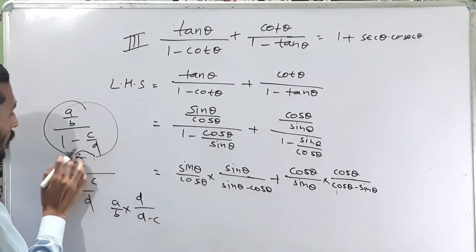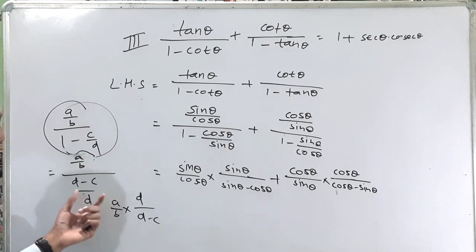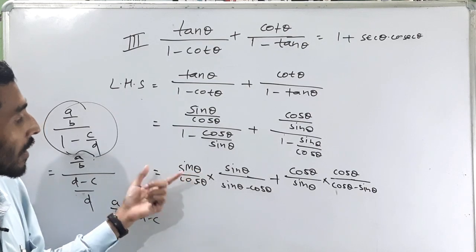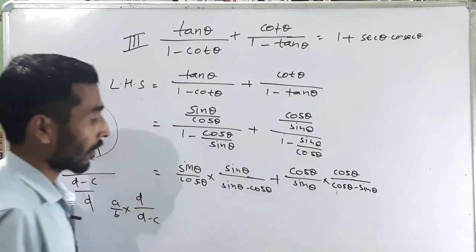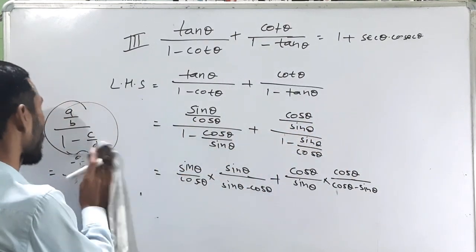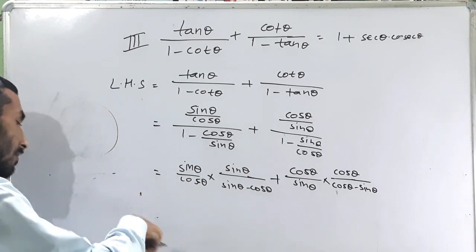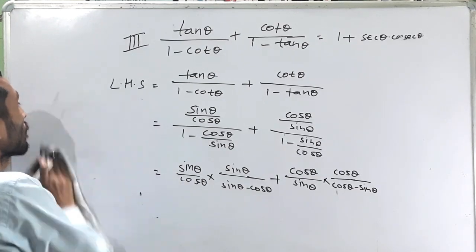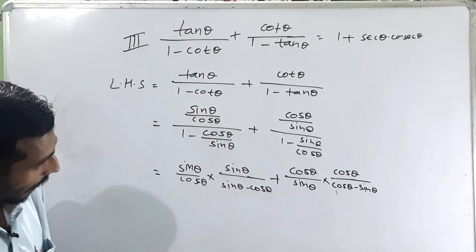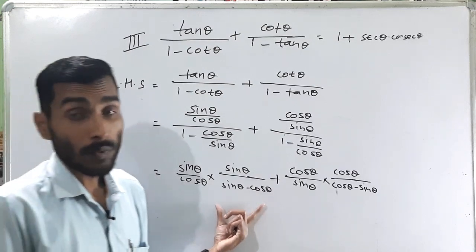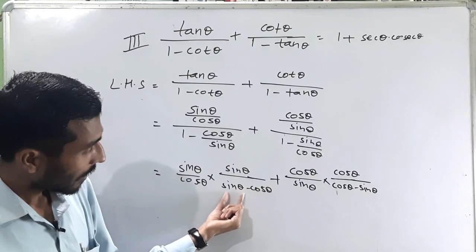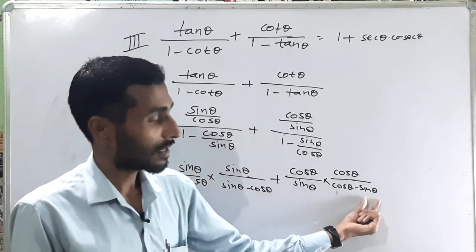So all the things are the same, but it has been replaced by sin and cos. Now we can do the next step. You can see that now we'll do the addition of fractions, but here is sin theta minus cos theta, and here is cos theta minus sin theta.